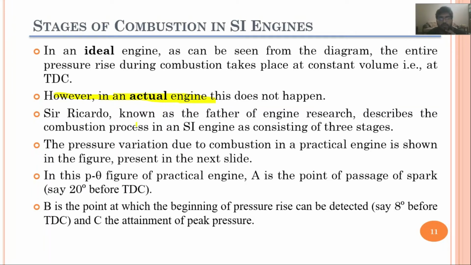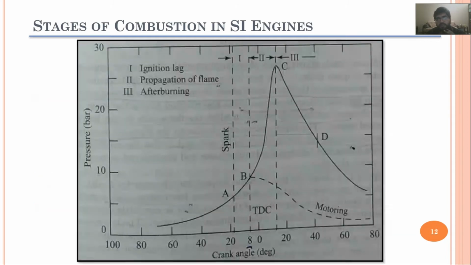So Sir Ricardo basically describes the combustion process in SI engine, and he said that it consists of 3 stages. The pressure variation due to combustion in a practical engine is shown in the figure which is presented in the next slide. So moving towards the next slide, here you can see we have 3 different stages of the combustion in SI engine, and this is what Sir Ricardo has explained.